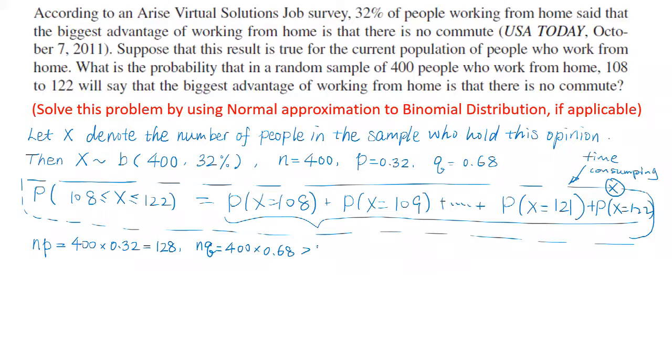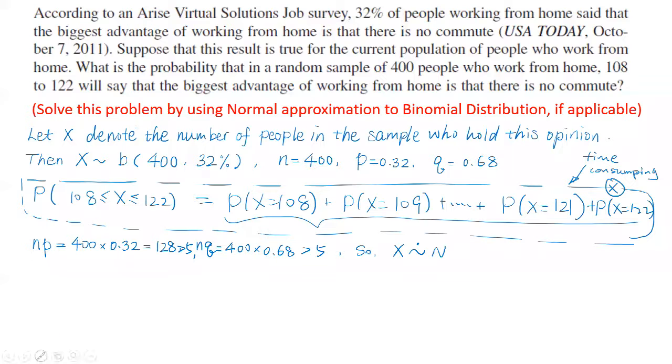Of course, this one is greater than 5, and this one is greater than 5. So we can use a normal approximation. That means X approximately follows, we use this sign here to denote approximately follows, a normal distribution.